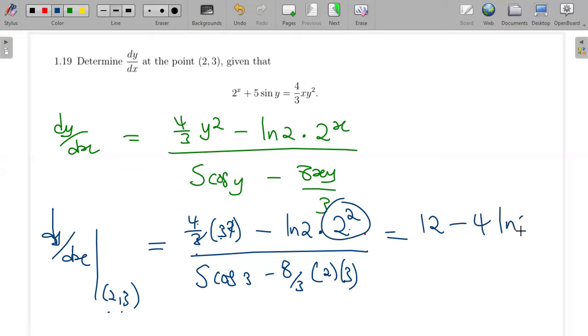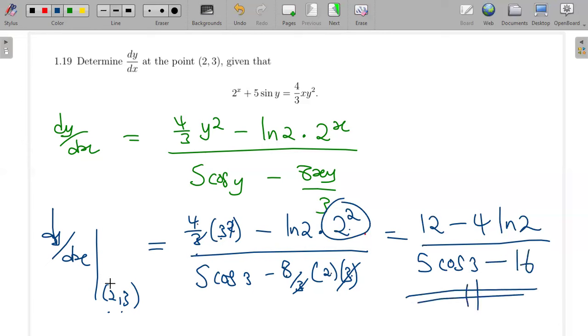So I write 4 ln 2, divided by, down here, there's nothing that we can do to the 5 cos 3, so just leave it the way it is. And then here, I can see 3 and 3, so I can cancel them out. So it will be minus 8 multiplied by 2, which gives me minus 16. And this will be our dy/dx evaluated at (2, 3).